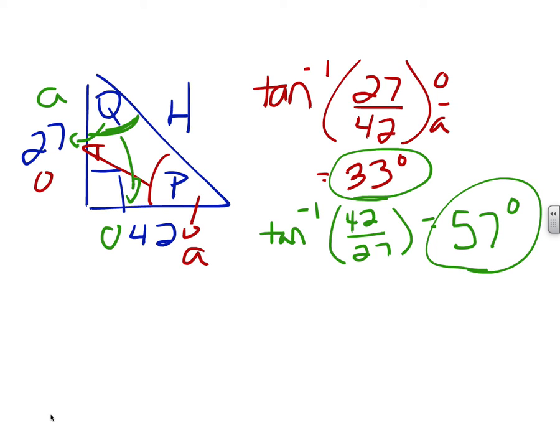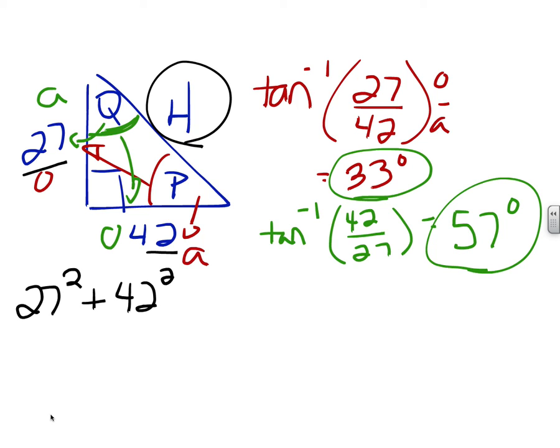If we're looking for H, of course, that is the hypotenuse. I know this side, I know this side. So I'm going to use Pythagorean's theorem for that. So if we're going to Pythagorize this thing, again, the two sides squared equals the hypotenuse squared. So we're going to have 27 squared plus 42 squared equals H squared.